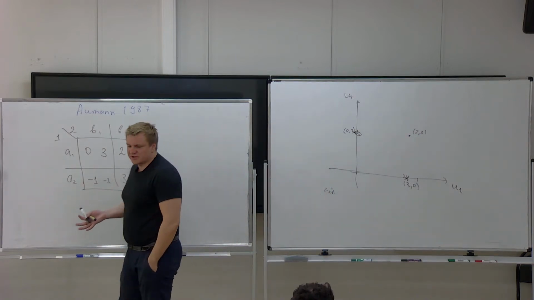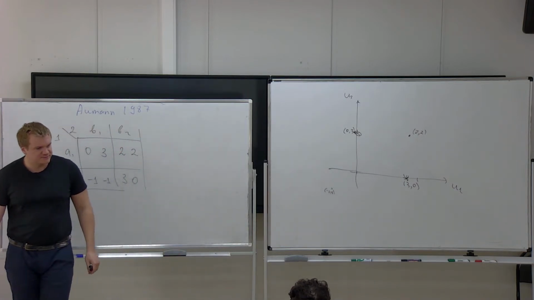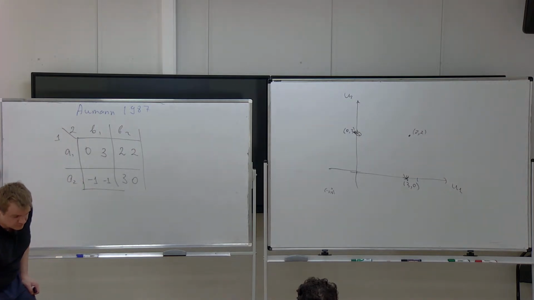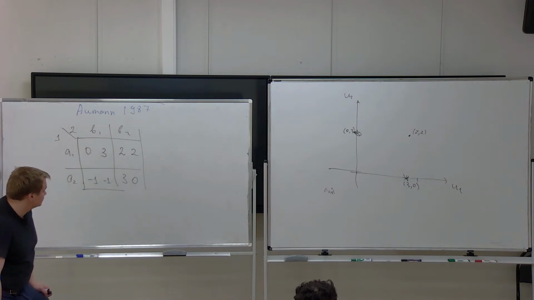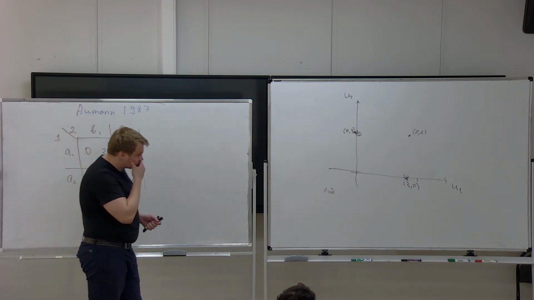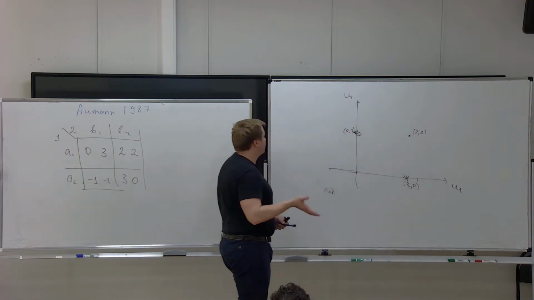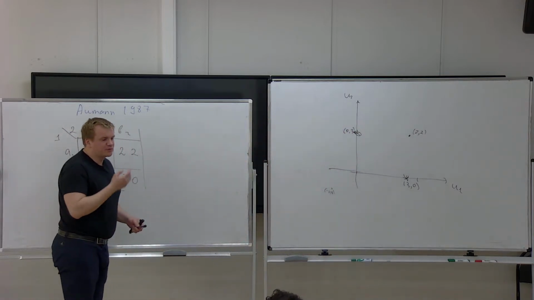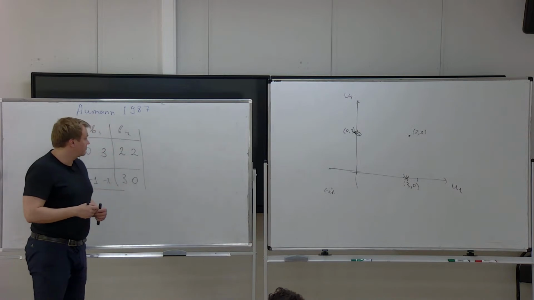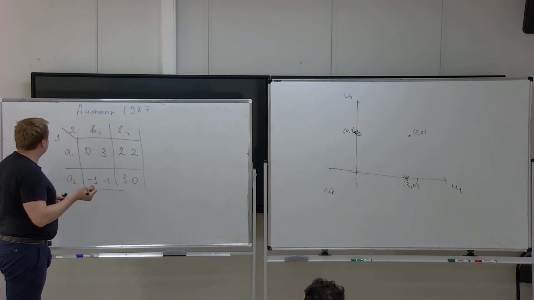So what about mixed strategy equilibrium? Can you find the mixed strategy equilibrium? So how would you do that? What's the first thing we do when we compute mixed strategy equilibrium? Okay, we need to assume something is mixed.